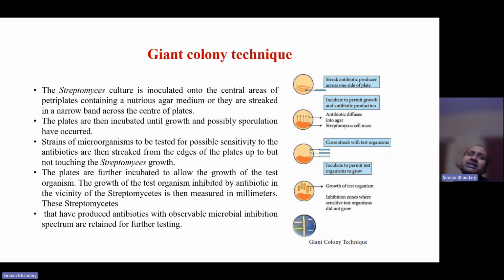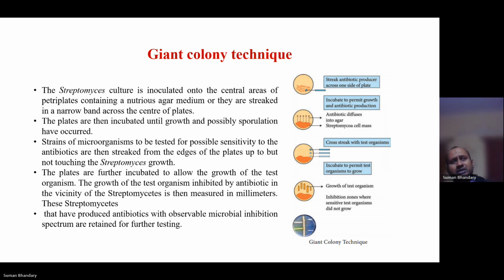The Streptomyces is grown in a broth and its mycelium is separated by filtration to get the culture filtrate. And then different dilutions of antibiotic filtrates are prepared and added to the molten agar plating medium and allowed to solidify.